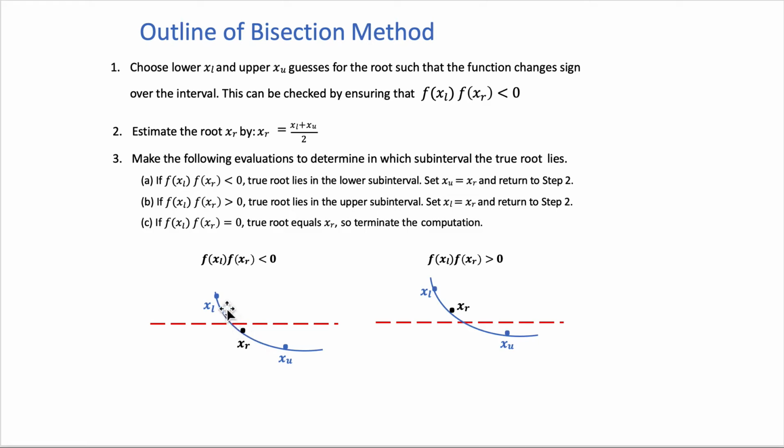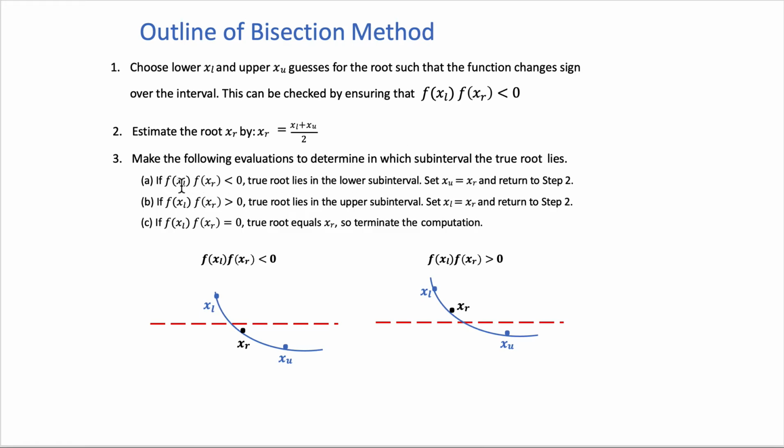Assuming that our initial bracketing step was right, we check in which interval the function changes sign. If it changes sign and the function is continuous, that means the root must be in that interval. One way to check whether a function changes sign in an interval is to multiply the values of the function. One has to be negative and one positive for it to change sign, so this multiplication has to be lower than 0.